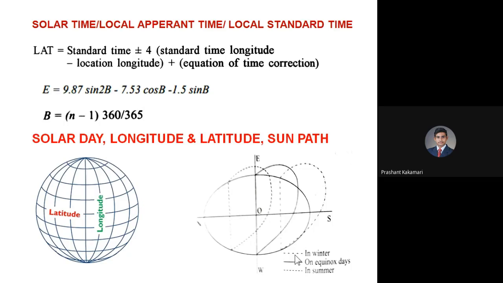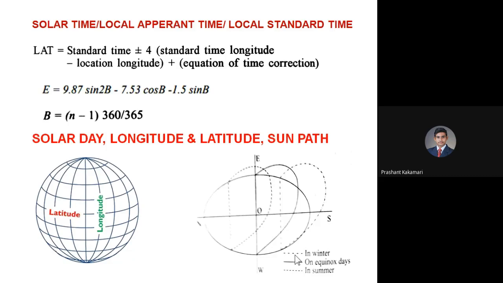For each degree change in the latitude or longitude, shown in the sketch below, there will be a 4-minute difference in the clock. I hope you're understanding. Say, for example, I measure the time at Belgaum at one longitudinal location, and then at one more longitudinal location per degree change, say Bijapur or Hubli.